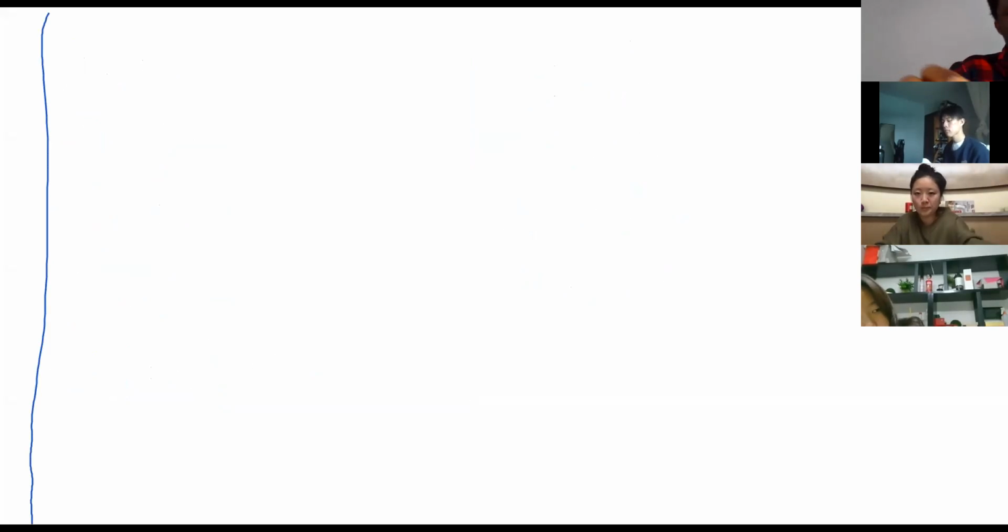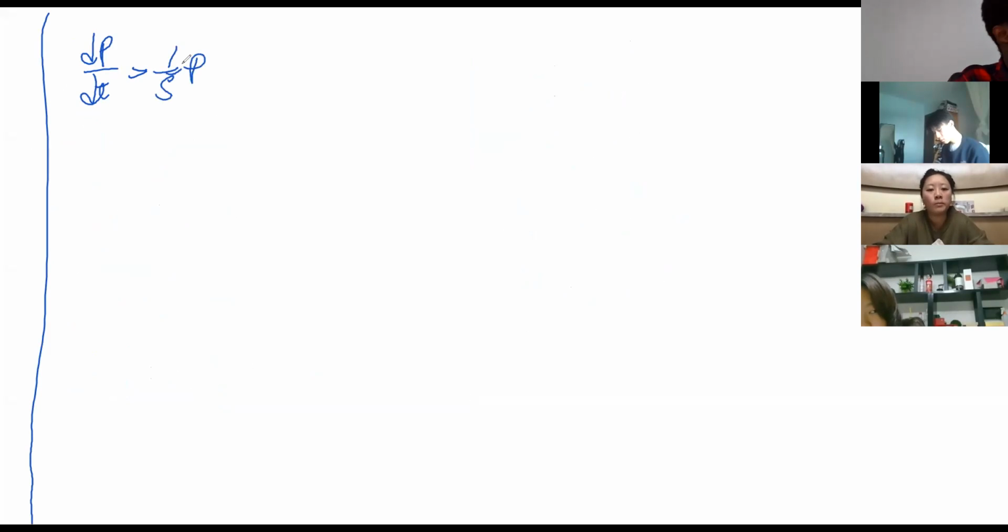I'm going to put the book version on this side. dp/dt equals 1 over 5p. Then 1 over p dp/dt is equal to 1 over 5. Can everybody see?